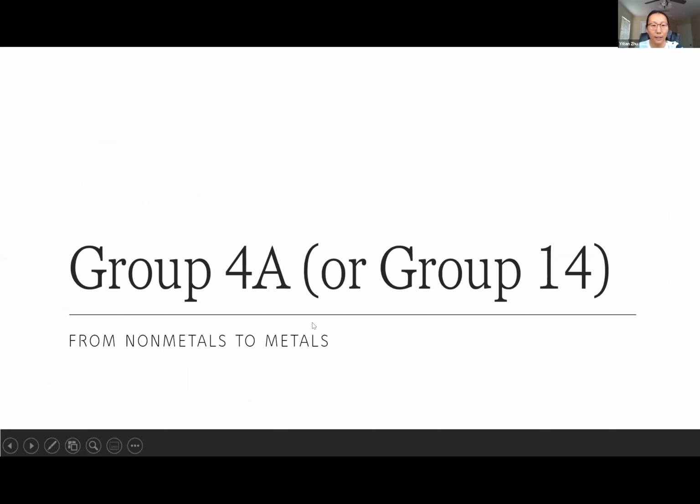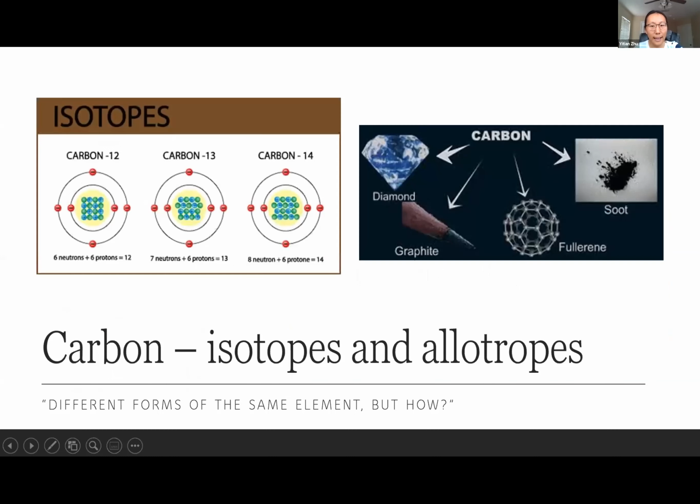So first of all, we're going to review what isotopes are, and then we're going to compare them to allotropes. If you look for the definitions, both are likely to say they're different forms of the same element. And yes, that's true. But the difference is in how they are forms of the same element.